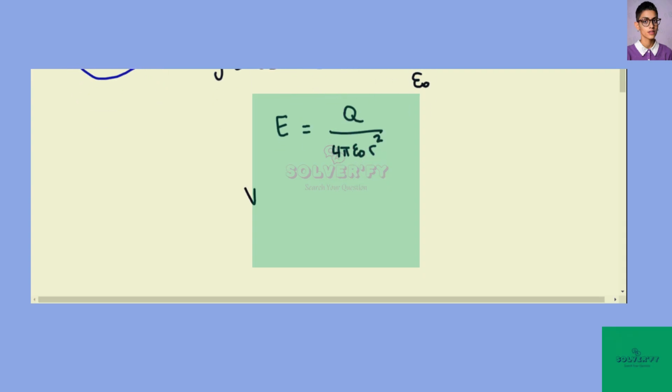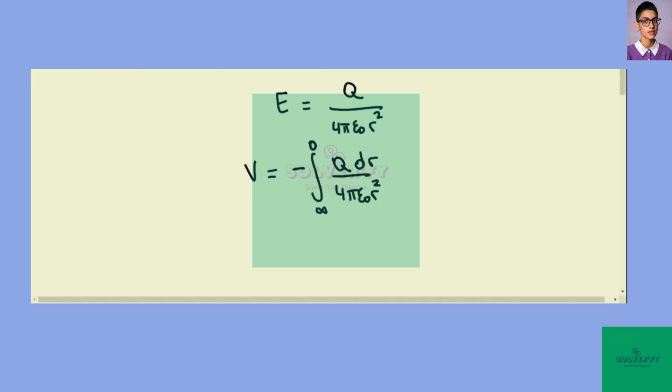Now V is minus the integral of the electric field, dr. And what I'm going to do is to integrate from infinity to r, because at infinity, V is equal to 0.